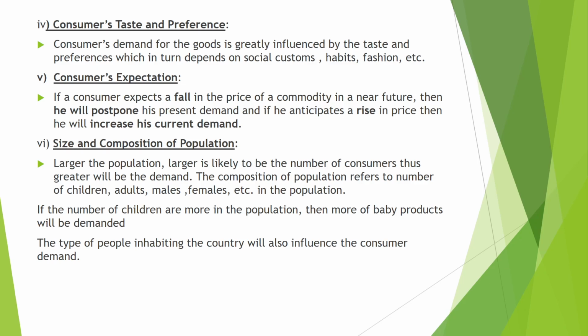The composition of population refers to the number of children, adults, males, females, etc. in the population. So now we are categorizing the population. What data will it give you? It tells which kind of demand is going to increase. If children are more, then the demand for baby products will be more, and if adults are more, then the demand for adult products will be more.